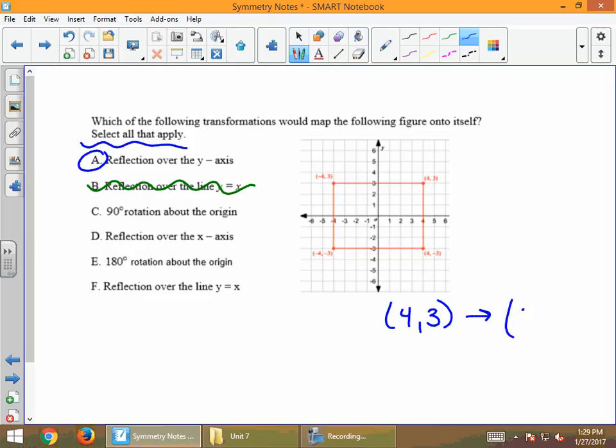Good. So it becomes 3, 4, and then what do we change? Yeah, very good. Change the sign of the first. So that becomes negative 3, 4. So let's plot it. Does that map up with any of the other vertices? No. So is it going to map up onto itself? No. Awesome.